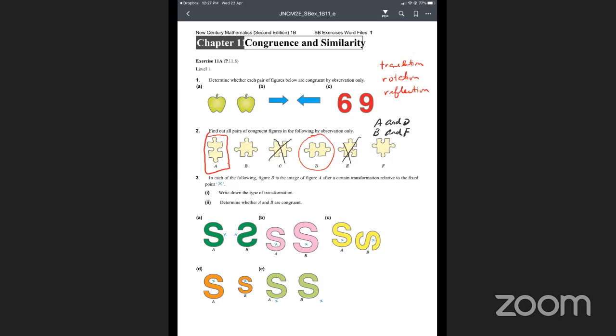Don't just write it in a way that makes people think the 4 figures are all congruent together.